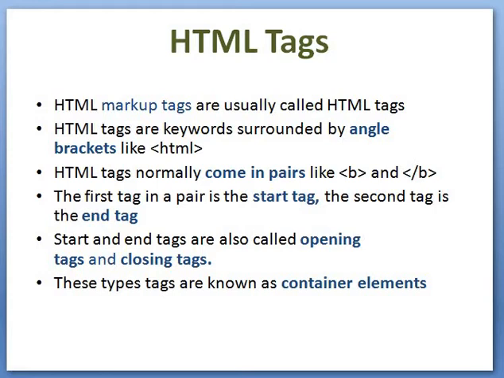The first tag is the start tag and the second tag is the end tag. So the start tag and end tag, the opening and closing tags, are collectively known as container elements or container tags.